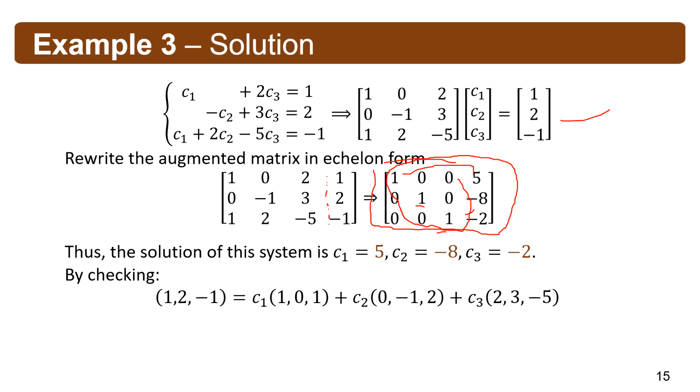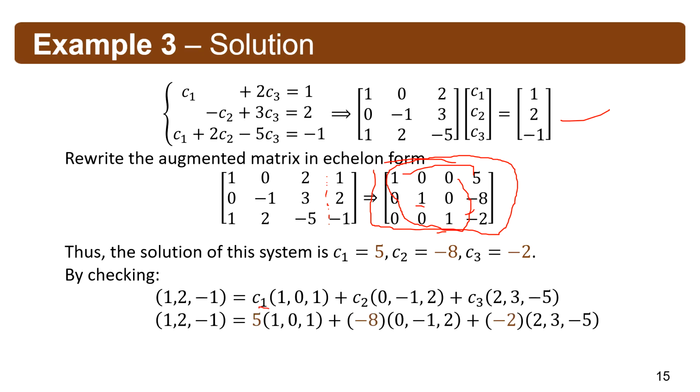So by checking, you can substitute the values. For C1, we have 5, C2 is -8 and C3 is -2. When you multiply this, 5 plus 0 minus 4 is equal to 1. Then multiply this, 0 plus 8 minus 6, and that is equal to 2.